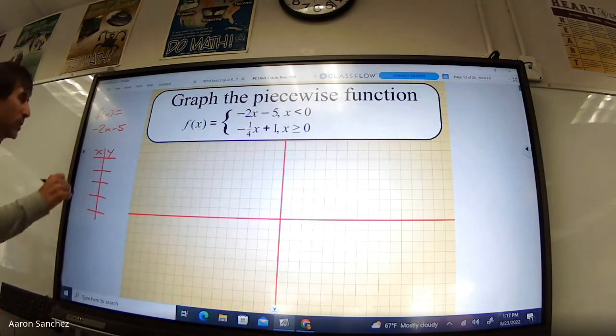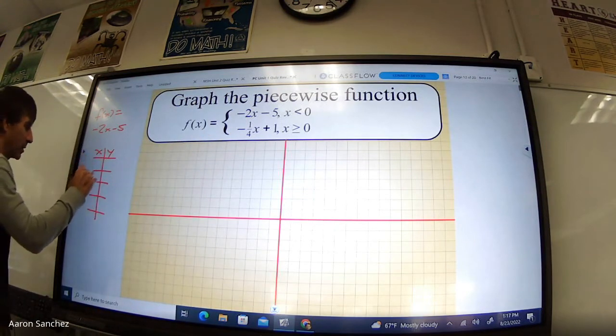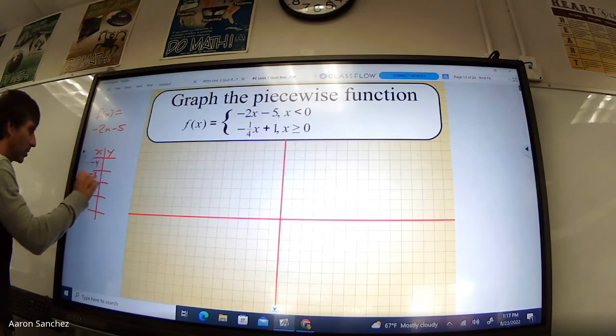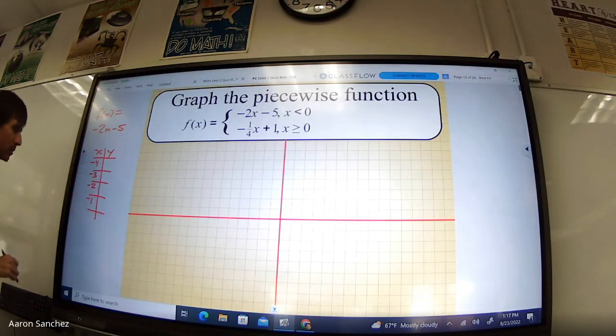So let's do -4 and 0. Let's put 0, even though it's not equal to 0. We want the 0. It's not equal to 0, but we'll put the 0 there to do our circle thing.